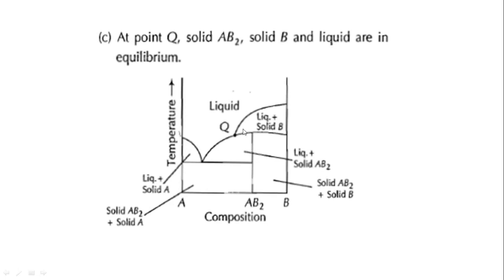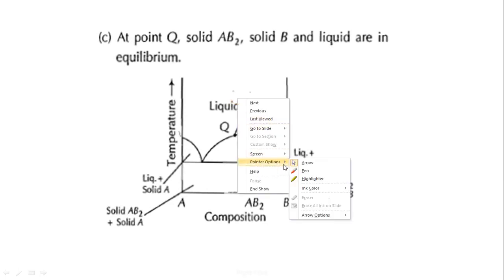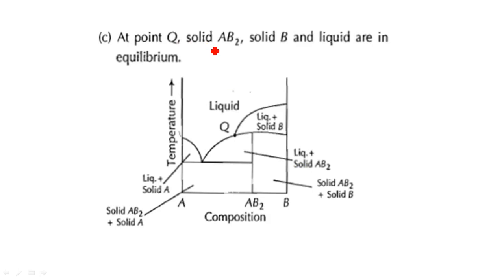Listen, at the point Q, listen here in this graph, here it is point A. At point A, solid is 100%, and here it is 0% B composition.